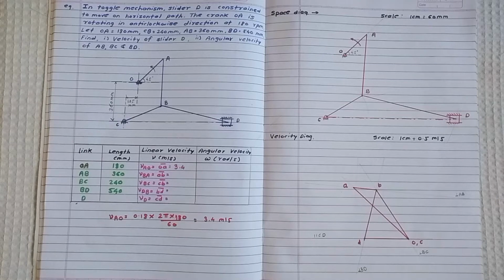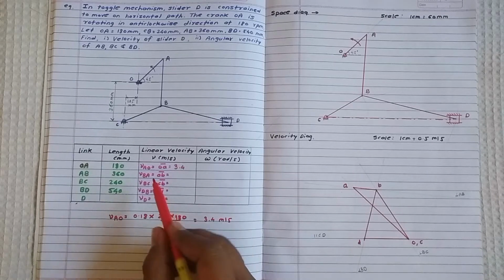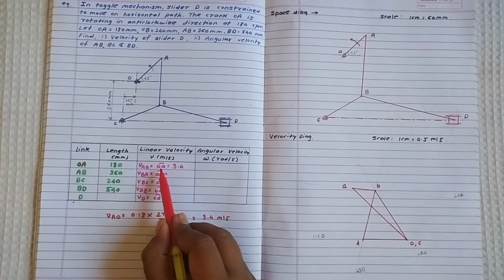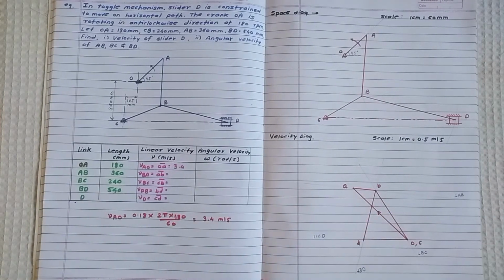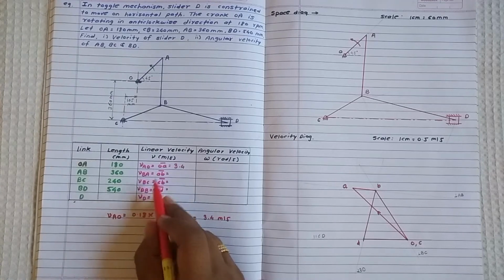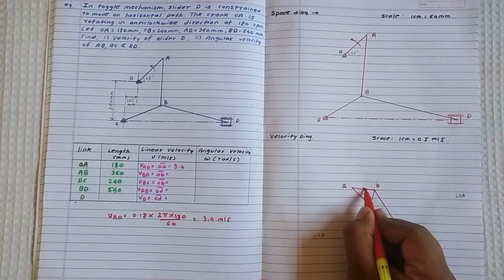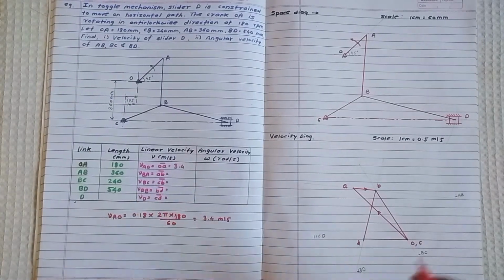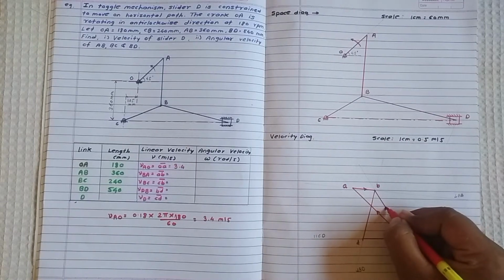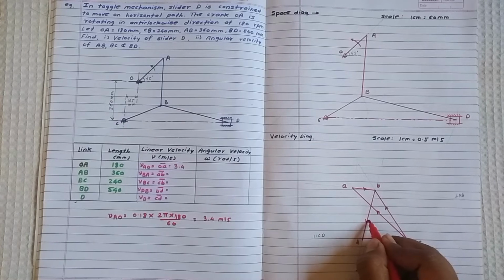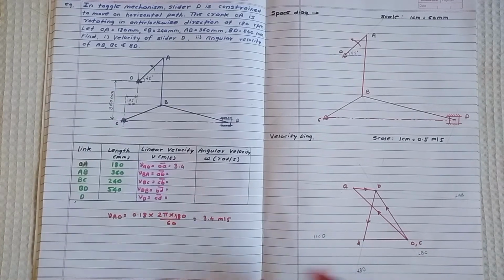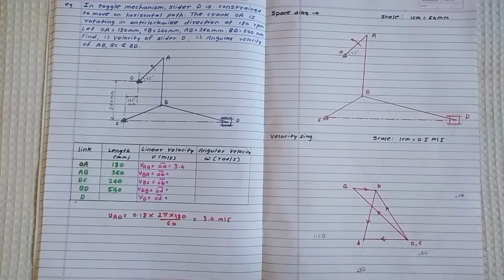Let us give directions. First is oa bar, O to A, velocity of A. Next is ab bar, A to B, and cb bar, C to B. Next is bd bar, B to D, and cd bar, C to D. So this is the complete velocity diagram.